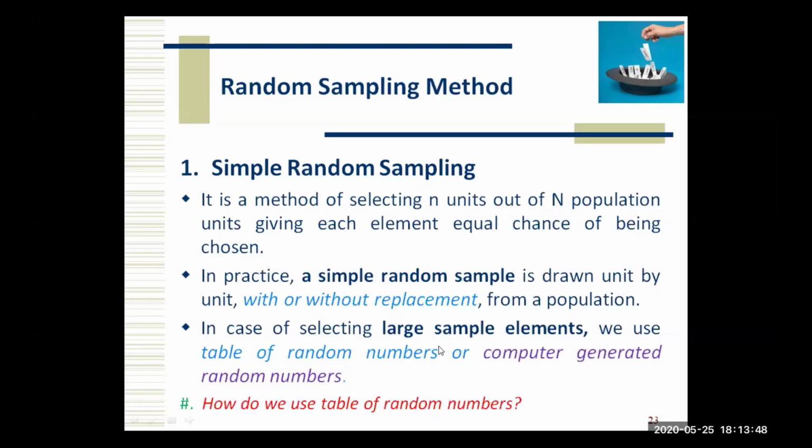But if you have a very large sample, in most cases we use a table of random numbers. The table of random numbers or computer-generated random numbers might be applied to select the sample. You will find the table of random numbers in a statistics book. At the end, you select the required sample.